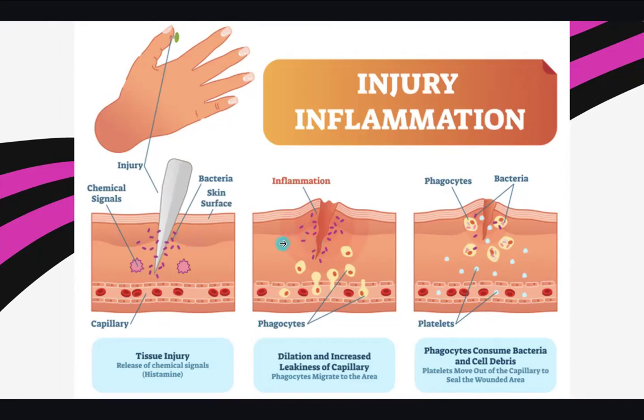Pag nilagnat, that is actually a natural way by which the body protects itself. So the high fever would allow the denaturation of the cell membrane of the microorganism, like a bacteria, for example. Pero there are cases wherein the bacteria are able to survive the high temperature.